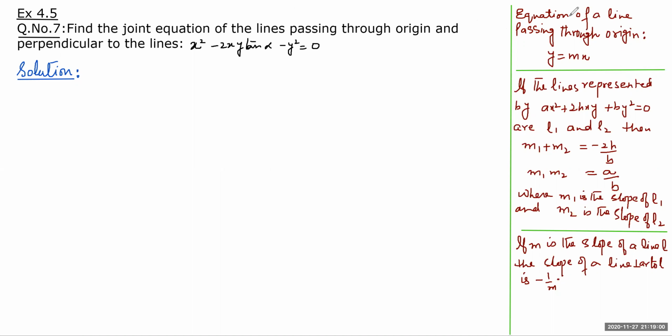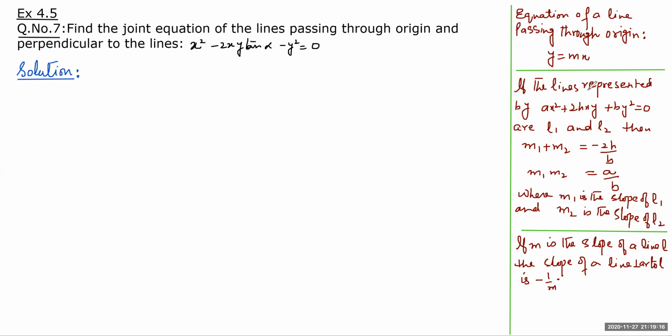We must know that the equation of a line passing through origin is y equals to mx, because its x-intercept and y-intercept both are 0, and the equation simply becomes y equals to slope of the line multiplied by x.